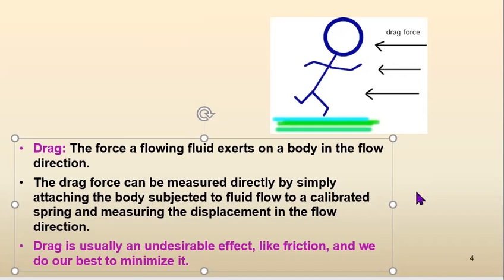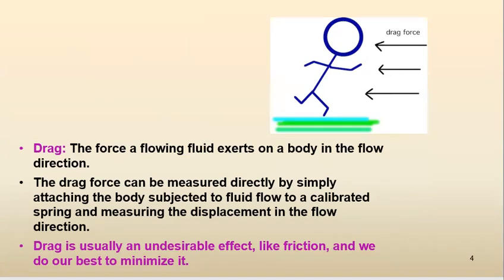The drag force, also known as air resistance, is caused by all the gas molecules in the air. Obviously, we cannot see it, but that doesn't mean that it doesn't exist.